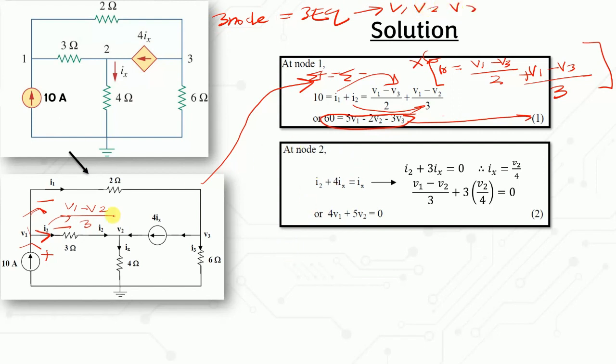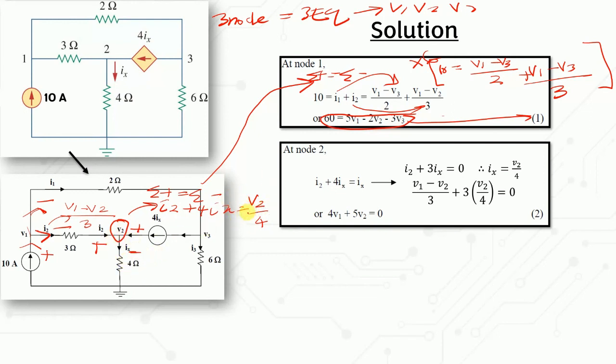At node 2, you have this entering current, this entering current, and this leaving current, which is negative. So the positive current is I2 plus 4Ix, equal to the negative current, which is V2 over 4, or equal to Ix.